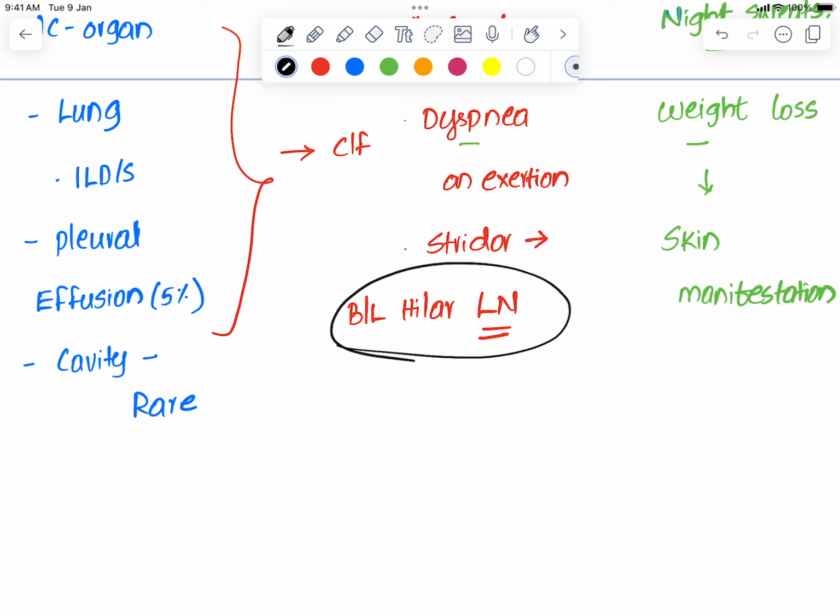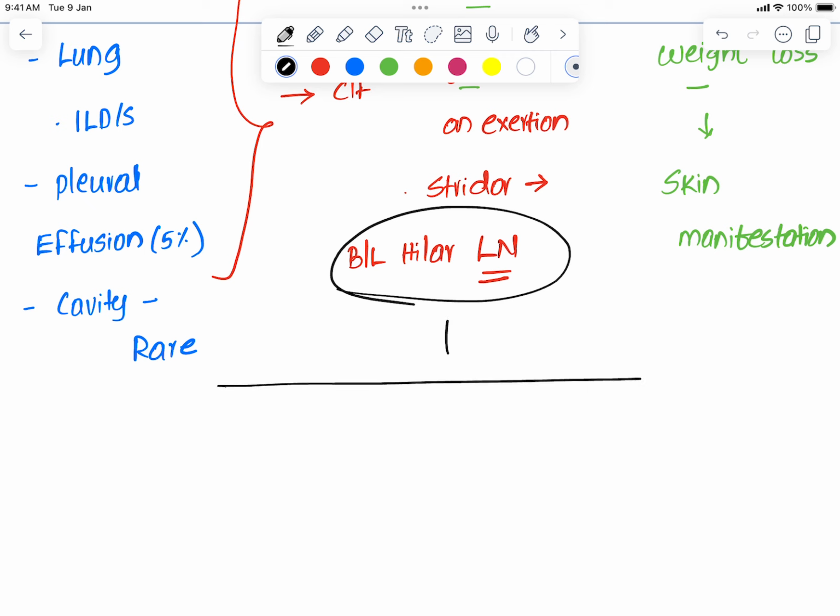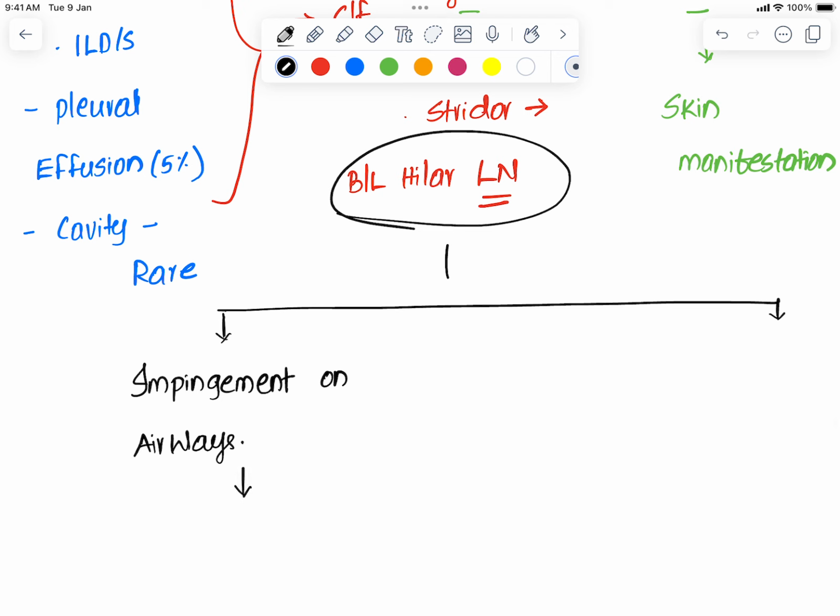Now, because of this bilateral hilar lymphadenopathy, there is a mass effect or compression effect on the surrounding structures. Whenever the hilar lymph nodes are enlarged, they can cause impingement on the airways, and that will cause the cough that does not respond to the antitussives.